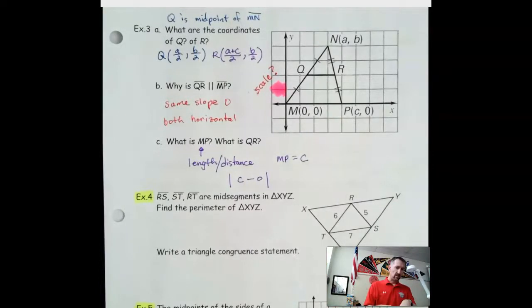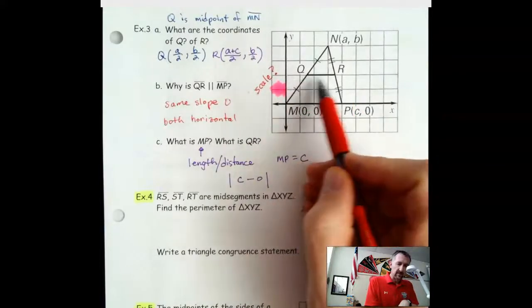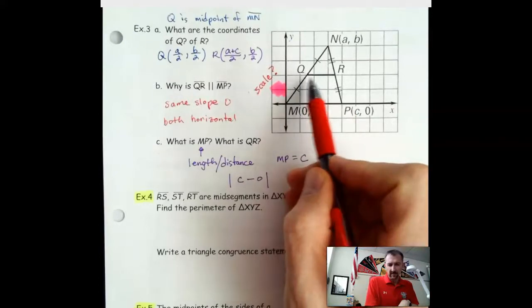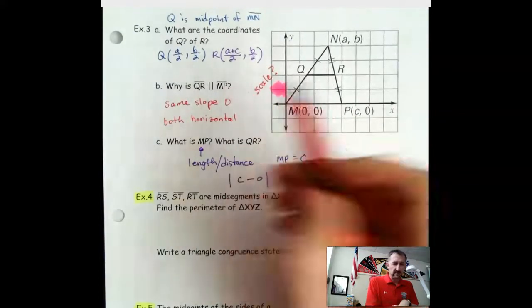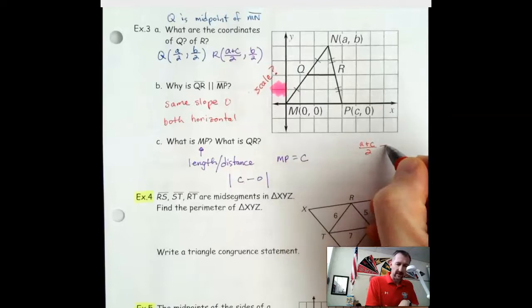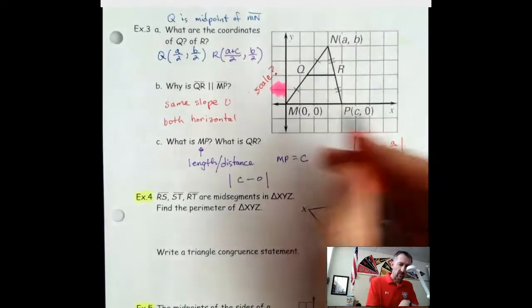Now QR is up here, and that's also kind of like on a number line because it's horizontal. So we could take a plus c over 2 minus a over 2 for QR.